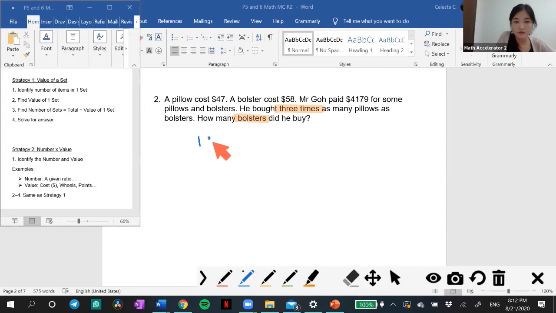So step 1, find items in one set. How many pillows, how many bolsters? Look at what you highlighted. 3 times as many pillows as bolsters. Can you type in the chat if you know how many pillows and how many bolsters in one set?